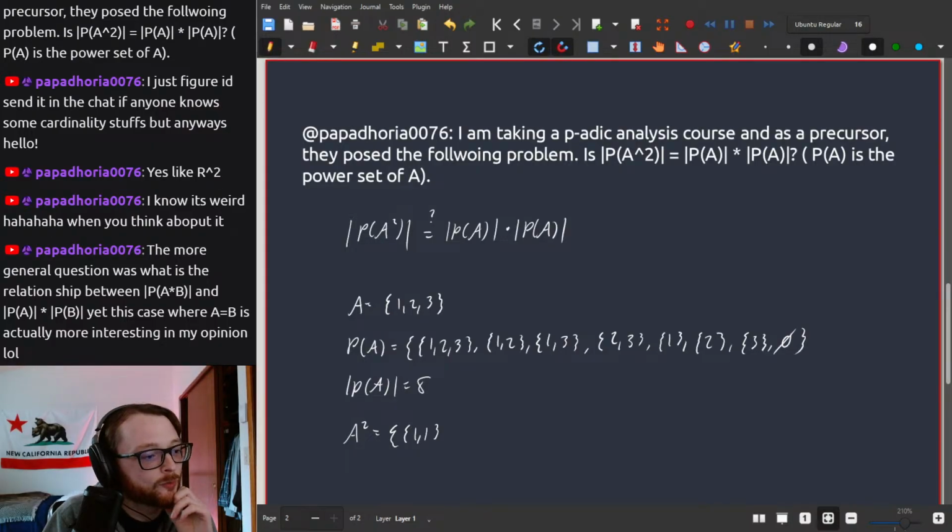The more general question was, what is the relationship between the cardinality of the power set and A times B? Hmm. So, yeah, that's weird.